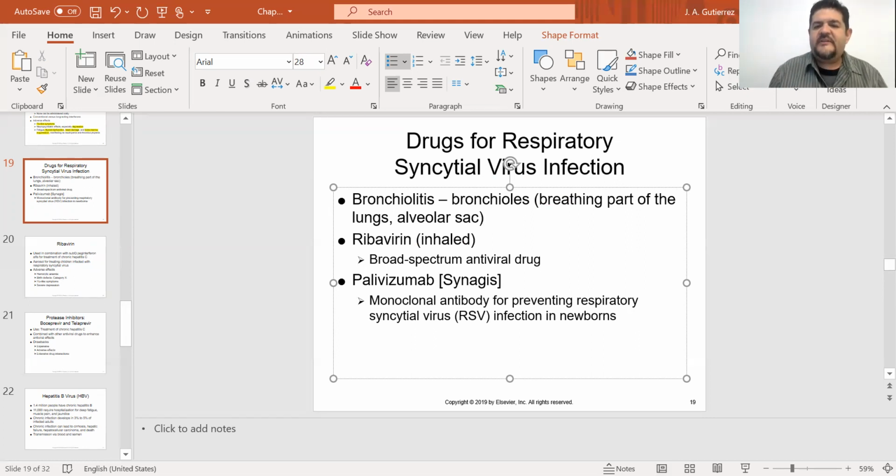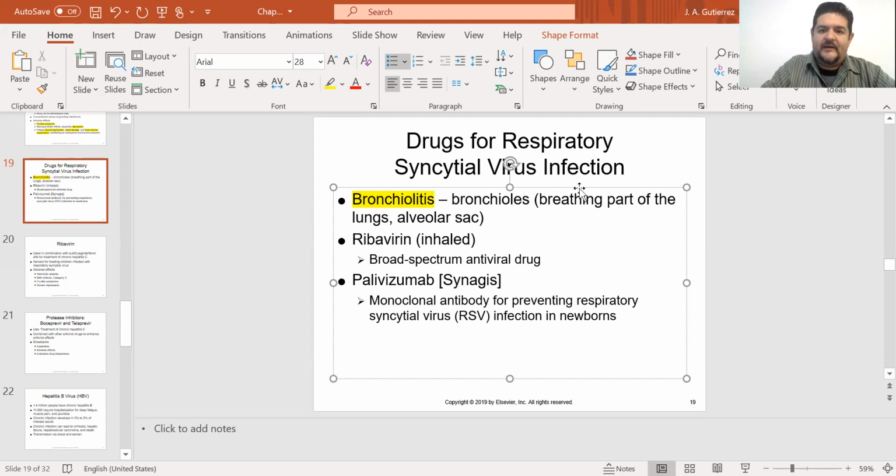So the bronchioles, that's the importance of it. That's the functional part of the lungs, and that's where we have gas exchange. Oxygen for carbon dioxide. So if I have an inflammation at the bronchioles, bronchiolitis, the patient cannot breathe.